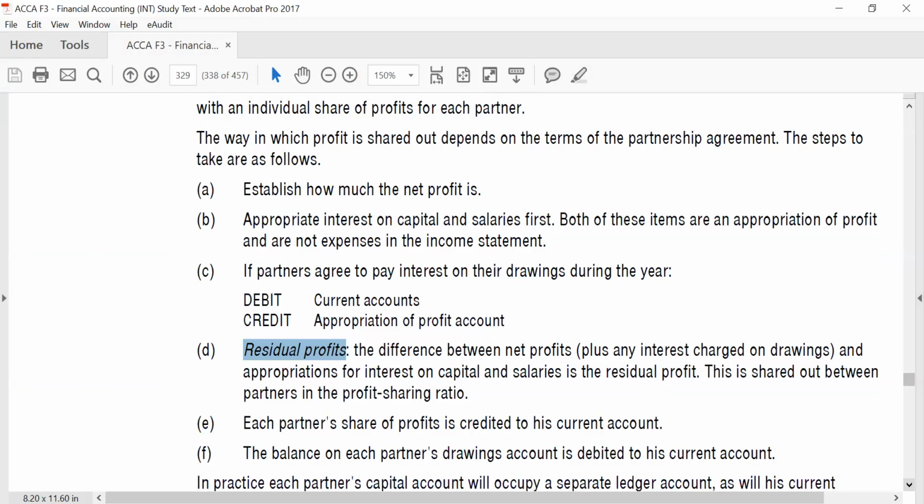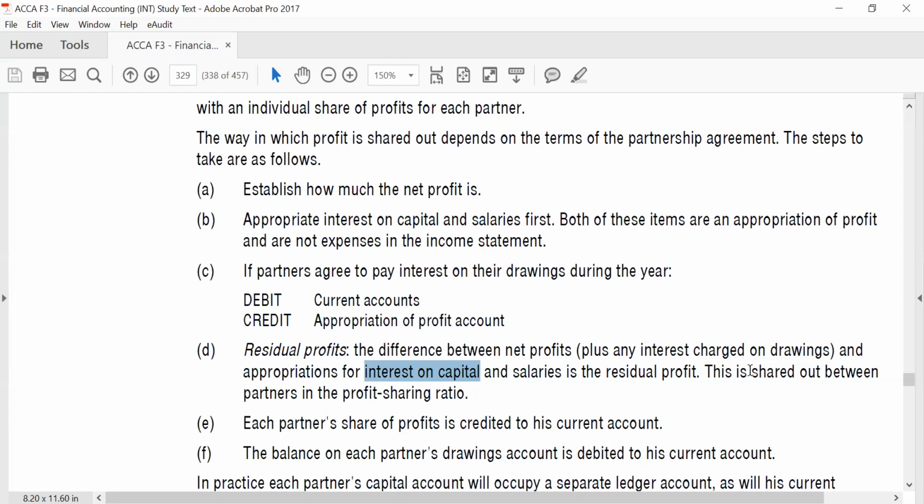So, as we can see, they're telling us that residual profits are the difference between the net profit plus interest charged on drawings and appropriation on interest on capital and salaries. So that's what we have gotten.